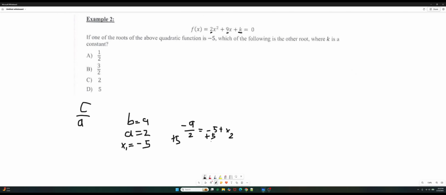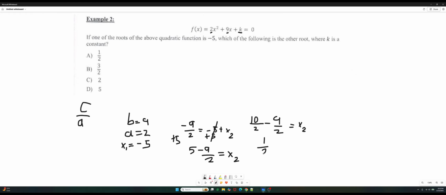So we cancel the 5 there. That's 5 minus 9/2 equals x2. If we find the common denominator here, it'd be 10/2 minus 9/2 equals x2.